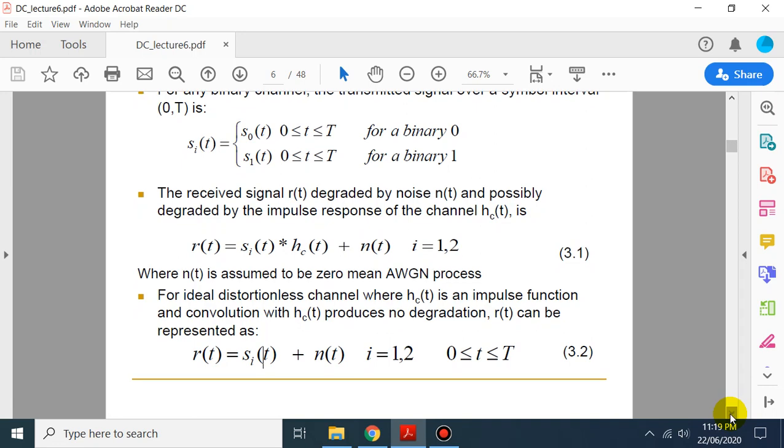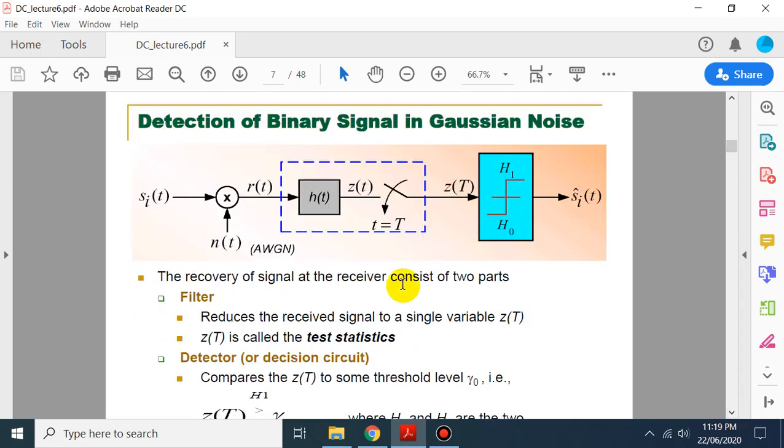Okay, now moving further, this is the block diagram for detection of a binary signal in Gaussian noise.